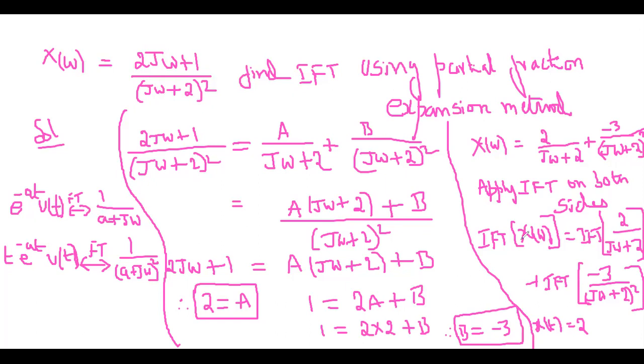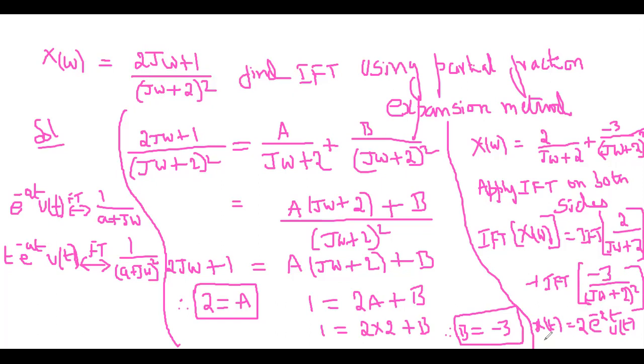But instead of a, here the 2 is there. So we write it as e power minus 2t mu of t. Understand, my dear friends? For the first inverse Fourier transformation, the 2 is a constant, you can write this outside. Now the inverse Fourier transformation of 1 by j omega plus 2 is, instead of a, here there is a 2. So write it as e power minus 2t mu of t.